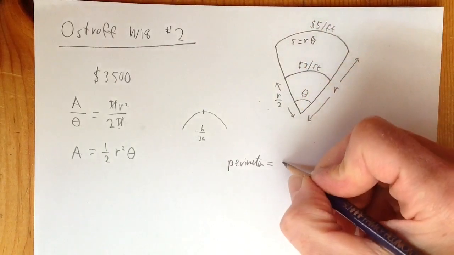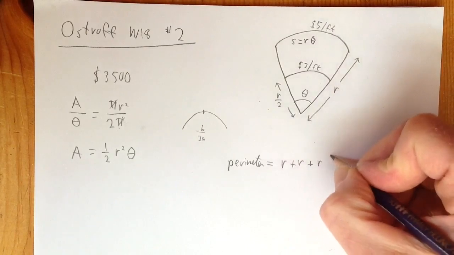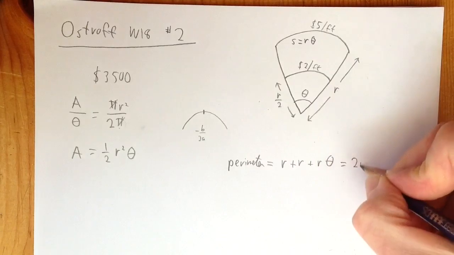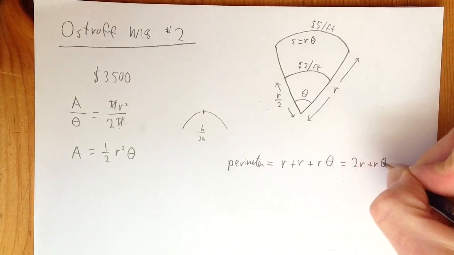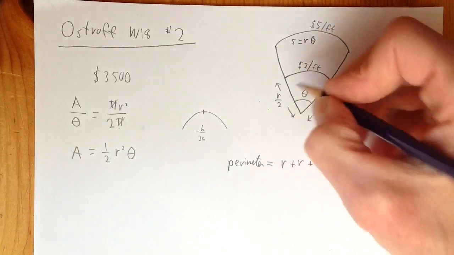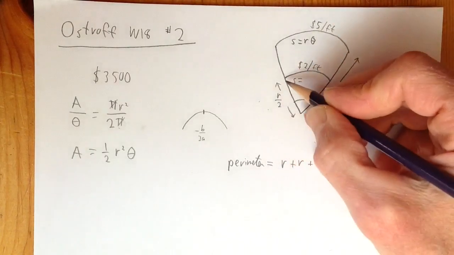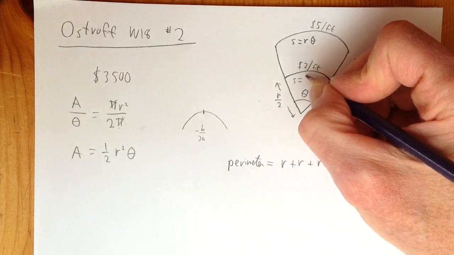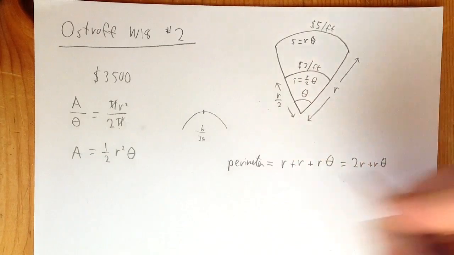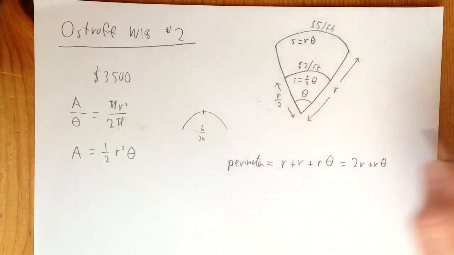So the perimeter is r plus r plus r theta, the length of the arc, which of course is 2r plus r theta. And then this one here, the r is half of it, because they said it's exactly halfway. So its radius is r over 2, and its arc length is r over 2 theta. So that little part there is r over 2 theta.